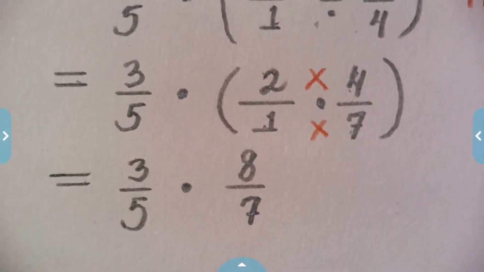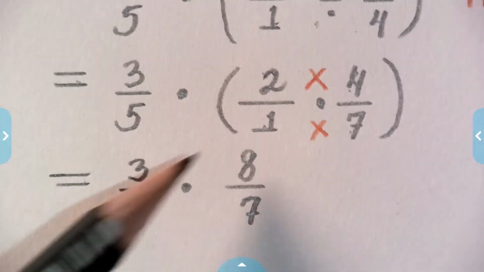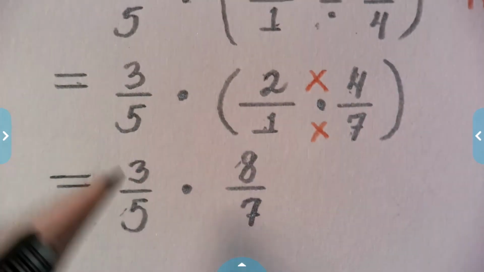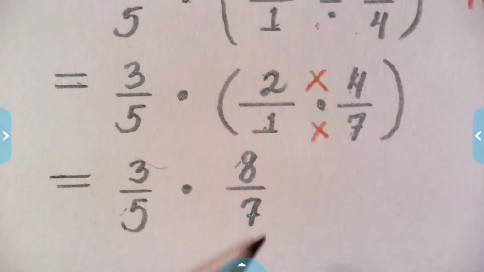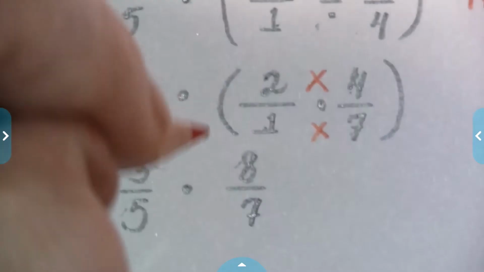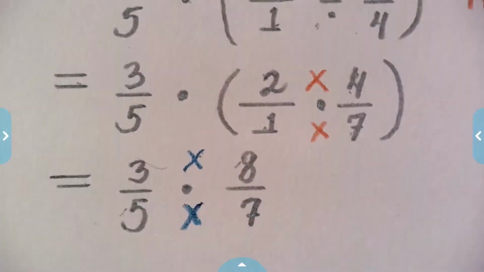Okay, now, once again, start looking at your diagonals. 8 and 5 are prime, so there's no reduction there. 3 and 7 are also prime. Nothing can be reduced, folks. It just didn't work out for us. So we're just going to multiply across the top, and we're going to multiply across the bottom. Now let's see what that gives us.